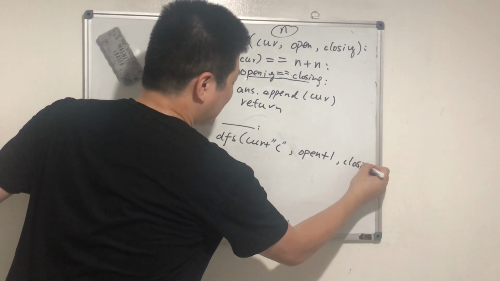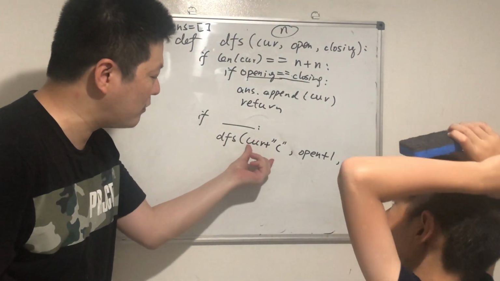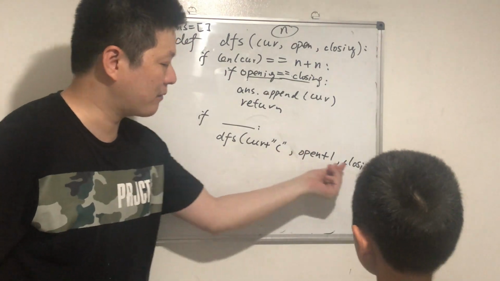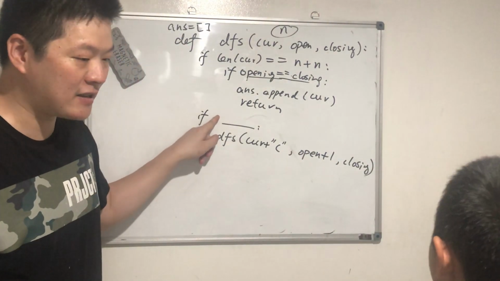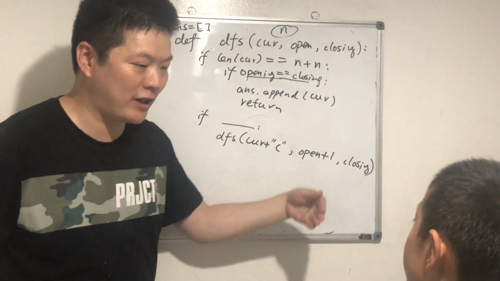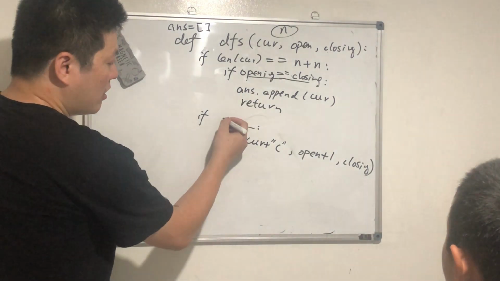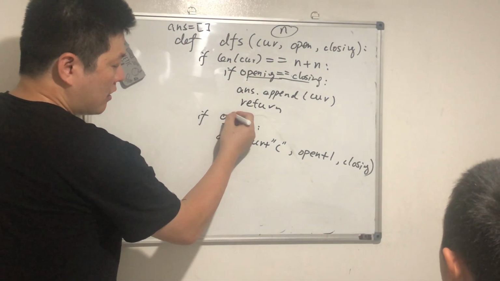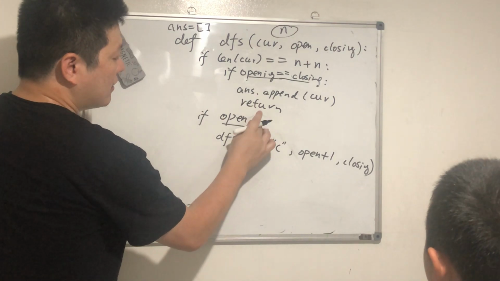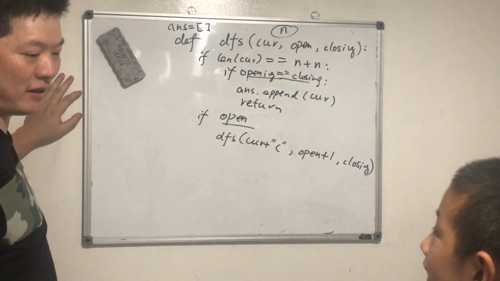This means I want to try the next one with the opening bracket, right? So in what cases can I try the next one as an opening bracket?